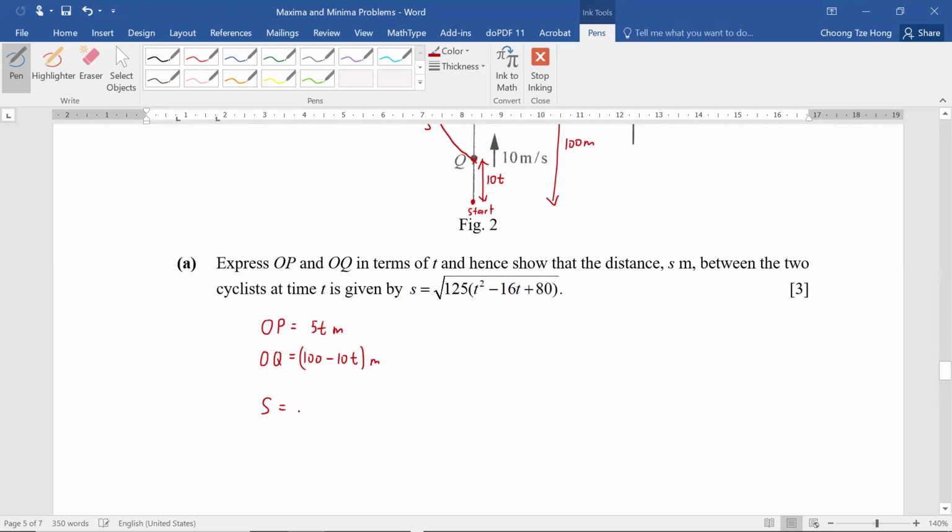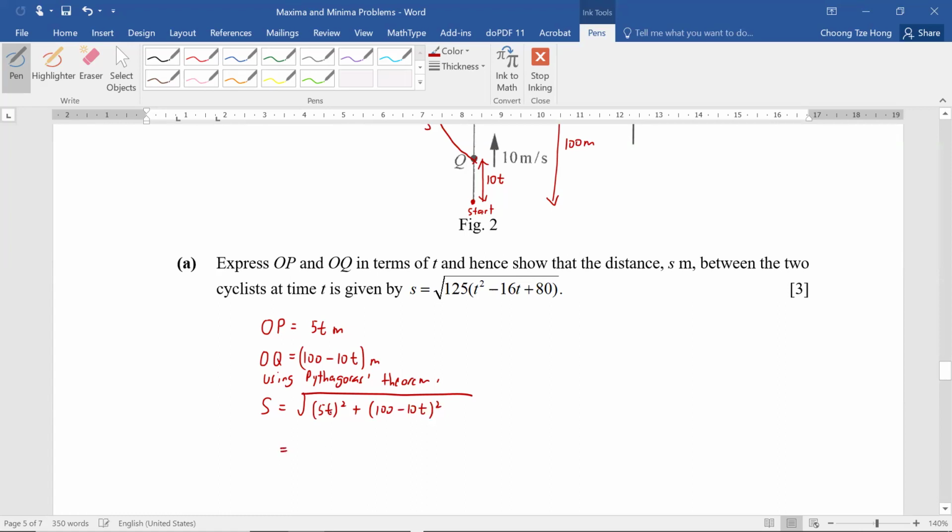S is going to be the square root of, using Pythagoras theorem, OP squared plus OQ squared. So OP squared is (5t) squared plus (100 minus 10t) squared.